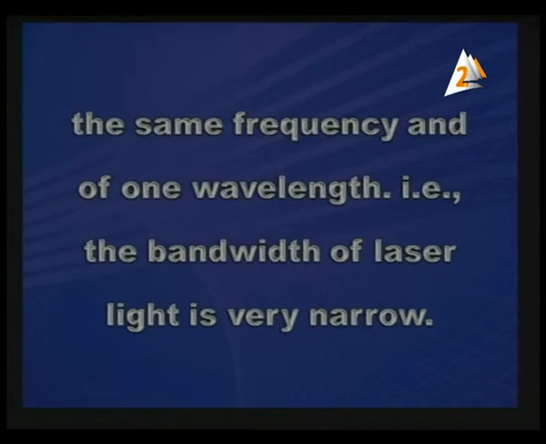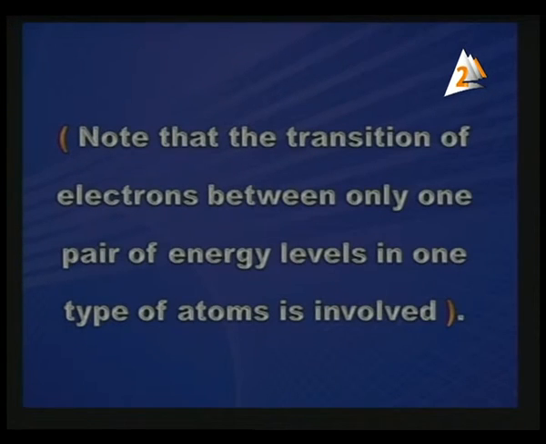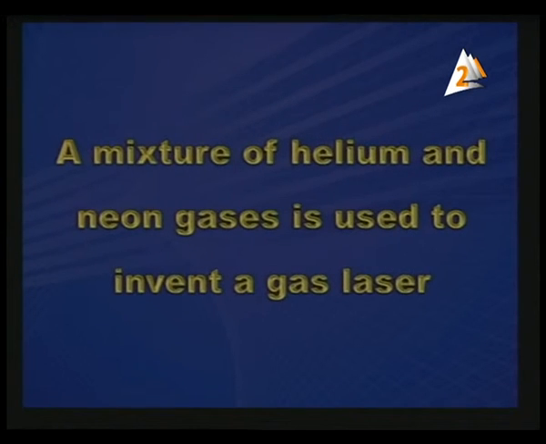And hence they have the same frequency and are of one wavelength. That's to say, the bandwidth of laser light is very narrow. Note that the transition of electrons between only one pair of energy levels in one type of atoms is involved in laser.